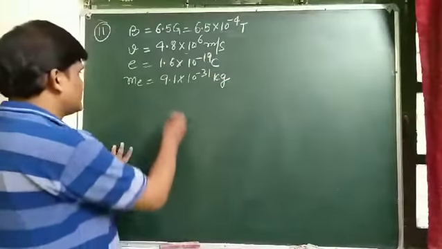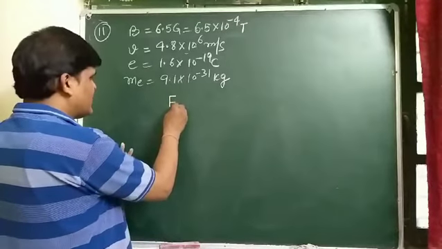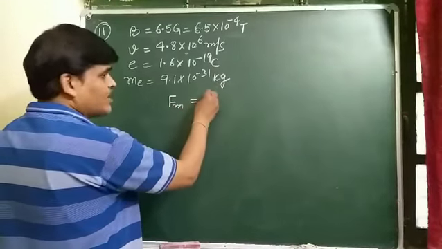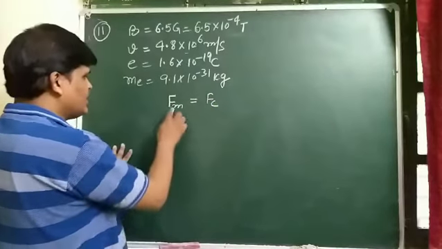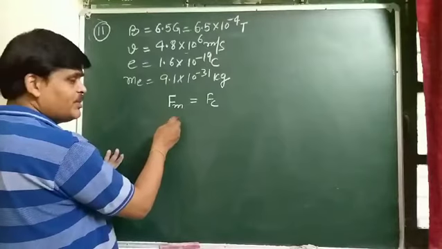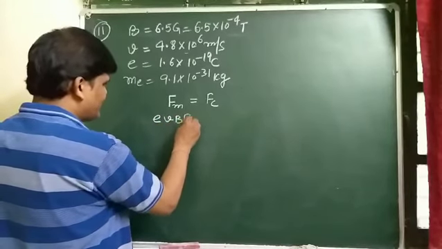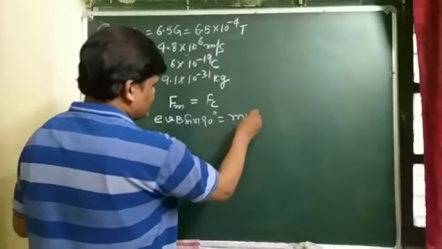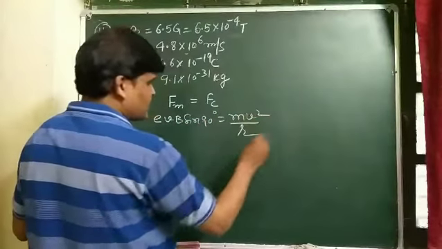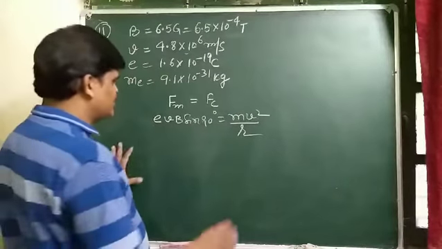So the magnetic force, qvB sin 90, equals the centripetal force, mv squared by r, where r is the radius of the circular path, which we have to find.